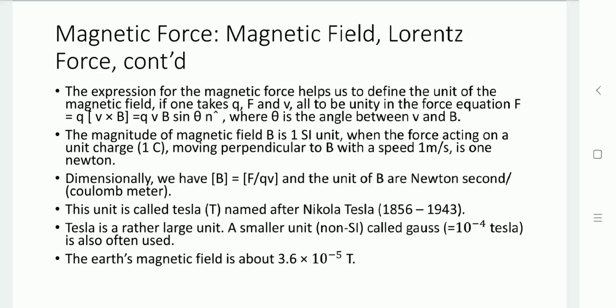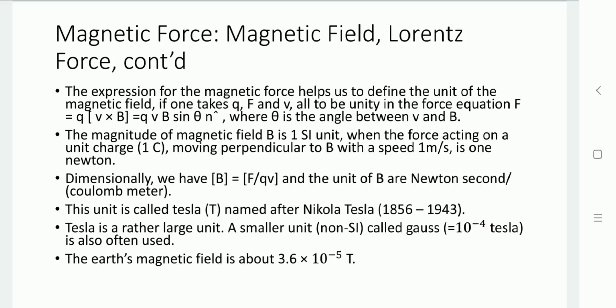The magnitude of B should be 1 SI unit when the force acts on a charge of 1 coulomb moving perpendicular to B. The velocity v is perpendicular to the magnetic field B and is 1 meter per second, so F should be 1 Newton.